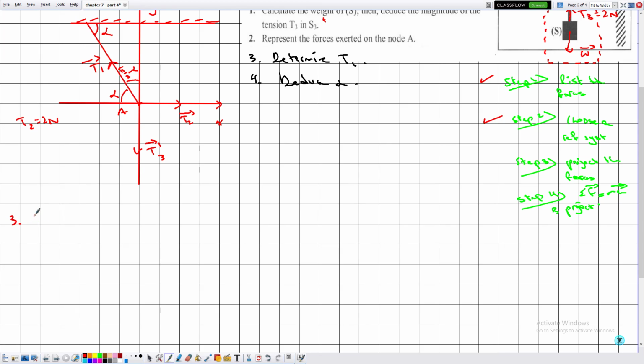So let's start with the force T2. T2 is completely lying on the x-axis, so T2x is plus T2, and T2y is 0. As for the force T prime 3, we have that T prime 3x is equal to 0 because it's completely lying on the y-axis, and T prime 3y is equal to plus T prime 3.